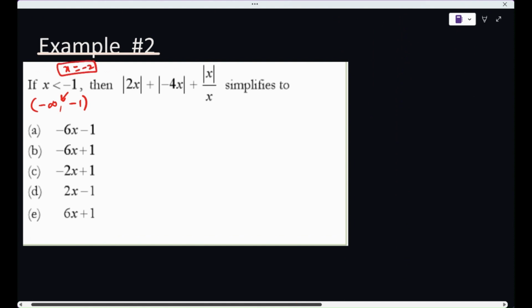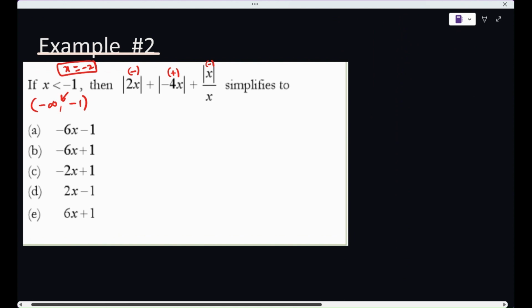Okay. So if you put -2 here, you have 2 times -2, which is -4. So we know that this quantity is minus. If you put -2 here, you will have -4 times -2, which is going to be 8. So this quantity is plus. If you use -2, this is going to be minus. So now we know the sign of all the quantities under the absolute value.